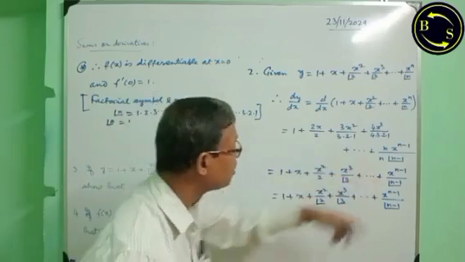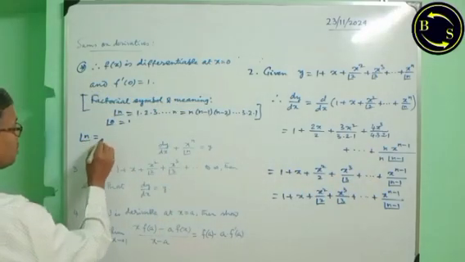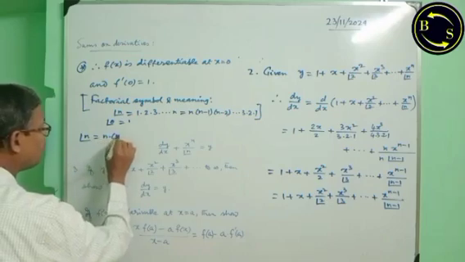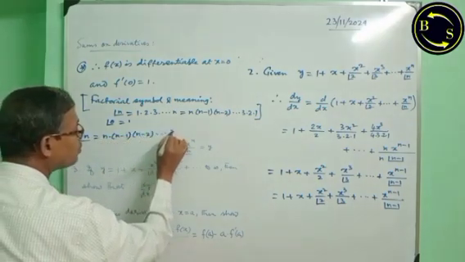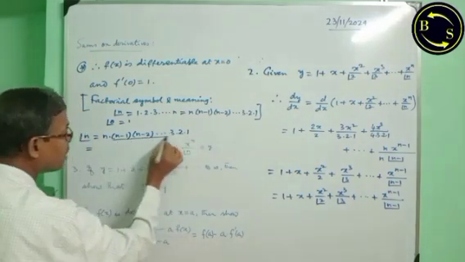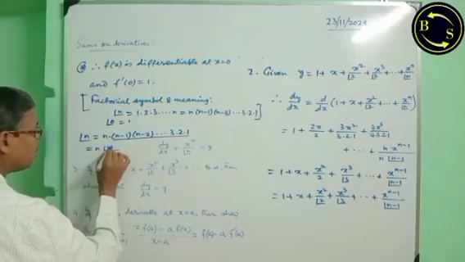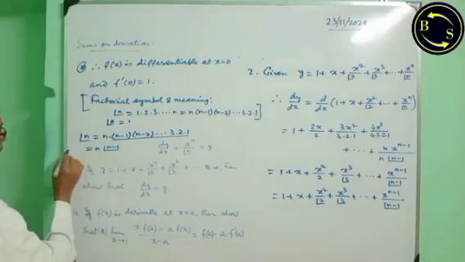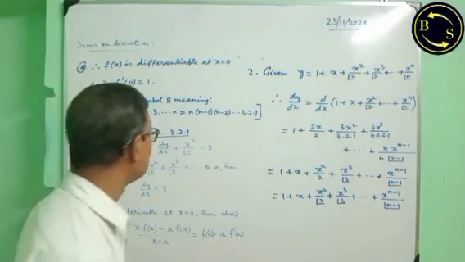Here I have used one thing: factorial n is equal to n into n minus 1 into n minus 2, down to 3, 2, 1. Now, this product is nothing but factorial n minus 1. Therefore, factorial n is equal to n into factorial n minus 1.